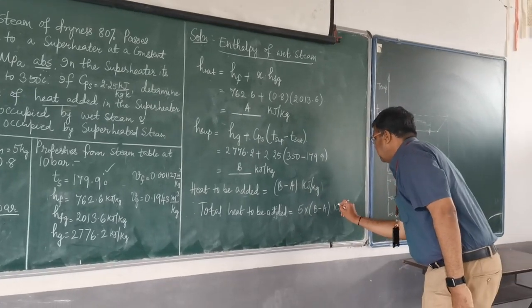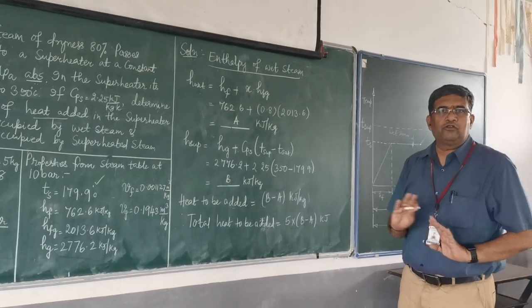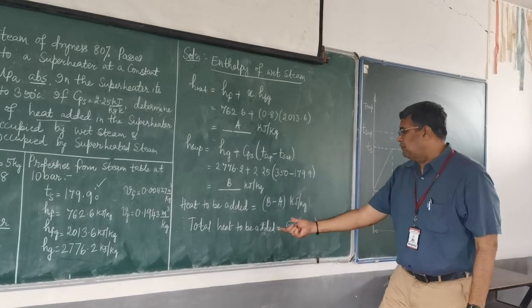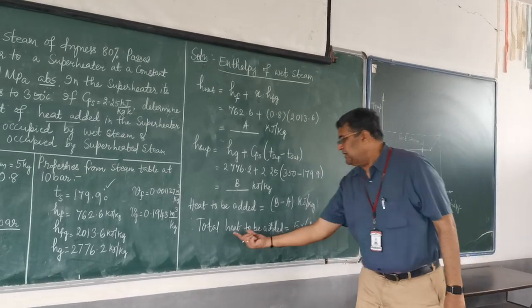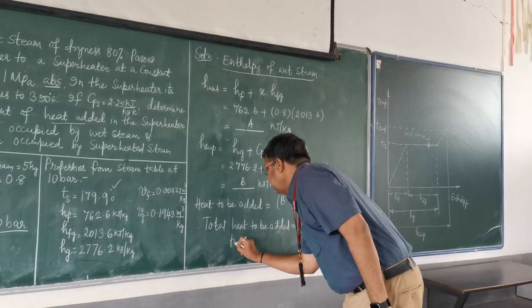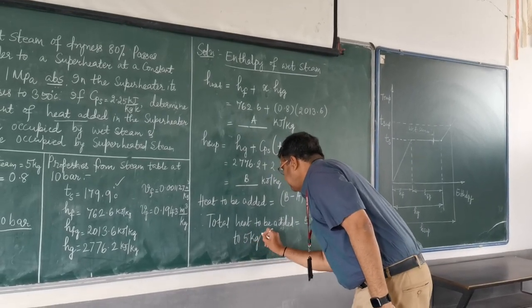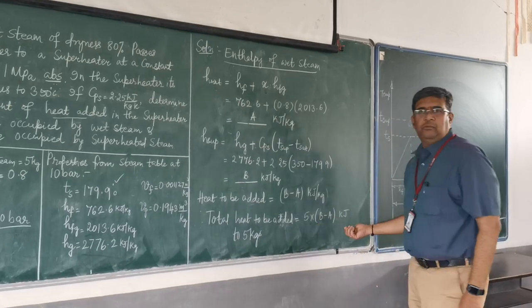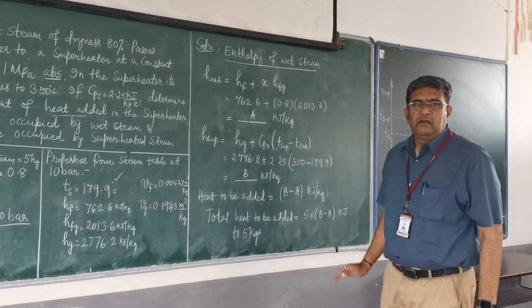And now the units again will be just kilojoules. It is not kilojoules per kg because you have found it for 5 kgs. So total heat to be added for 5 kgs is equal to 5 into so much kilojoules only. It is not per kg.